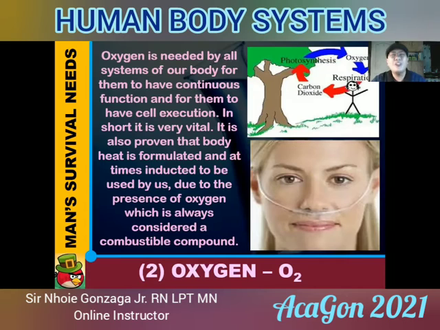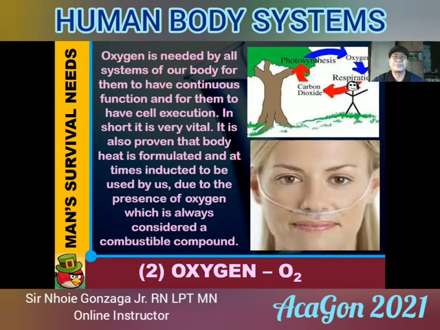Second, oxygen. We need oxygen to survive because oxygen, okay, makes the cell alive. If the cells begin to die, we also begin to die. Oxygen is needed by all systems of our body for them to have continuous function and for them to have cell execution.